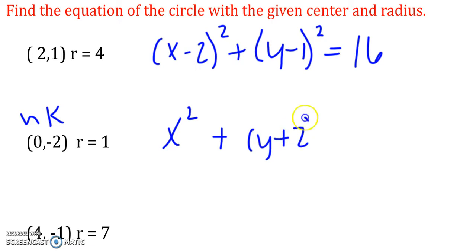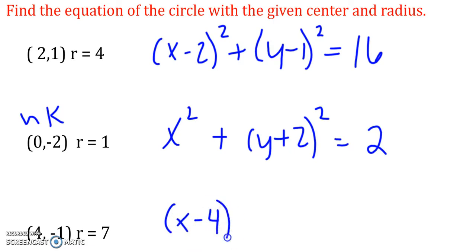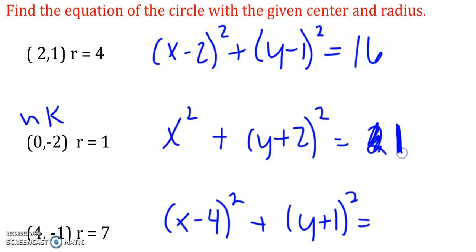It's y plus 2 squared, and 1 squared is 1. And then this one's going to be x minus 4 squared. It's going to be y plus 1 squared, and not 7. Oh, I'm sorry, you're right. Not 1 squared, which is 2, 1. So hopefully you went back and fixed that. And then 7 squared, which is 49.